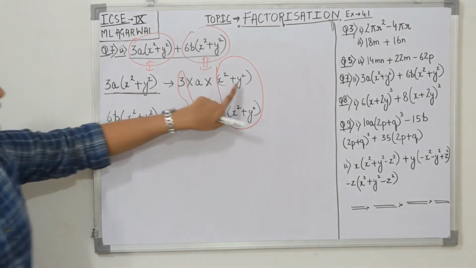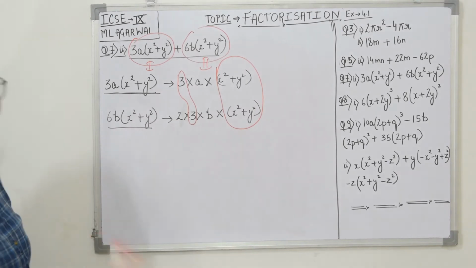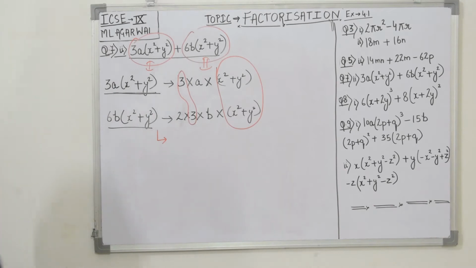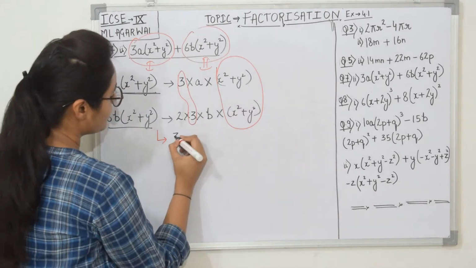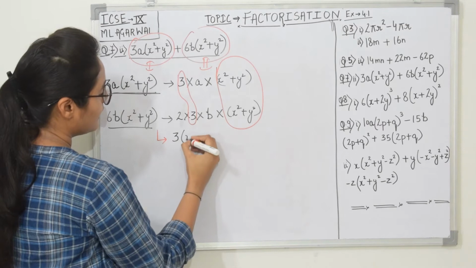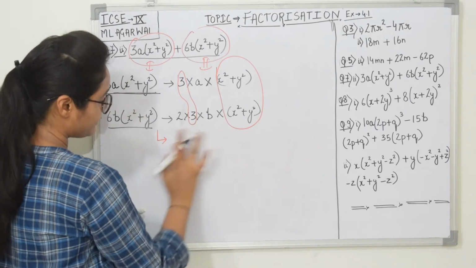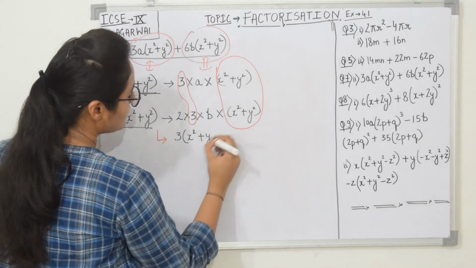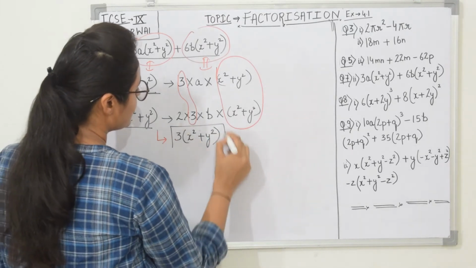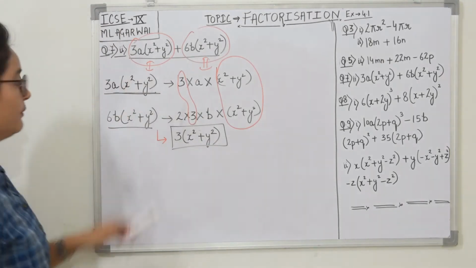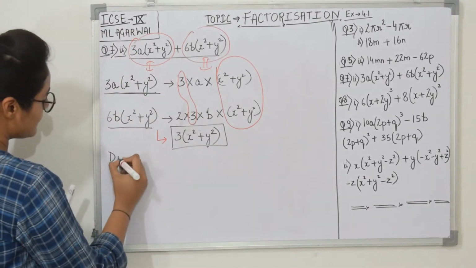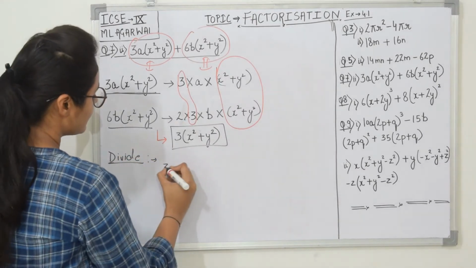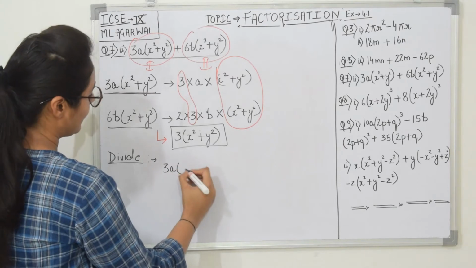So 3 and x square plus y square, take out as common, and now your HCF is 3 outside the bracket, inside the bracket x square plus y square. So this is your HCF of this particular term. Now our second step comprises division, just divide it down, very easy. See, our first term was what?